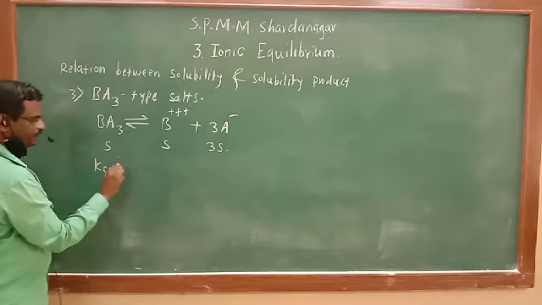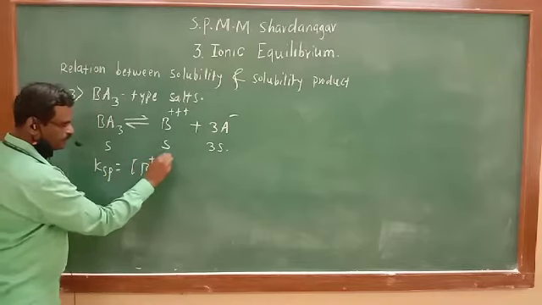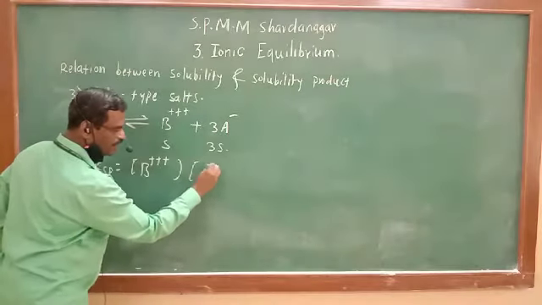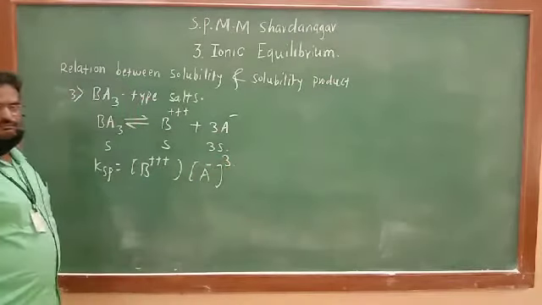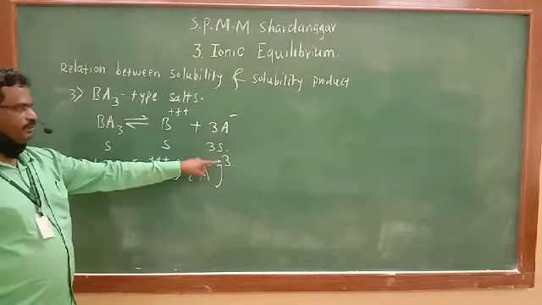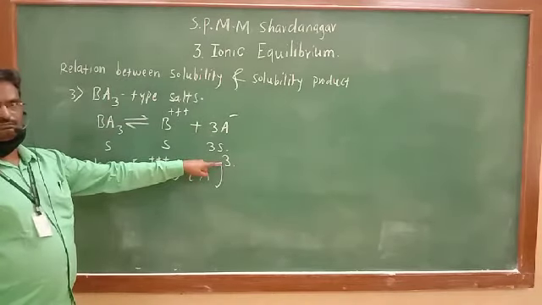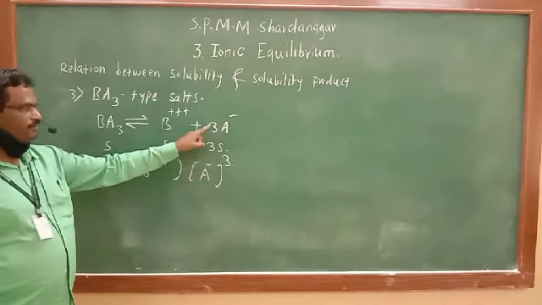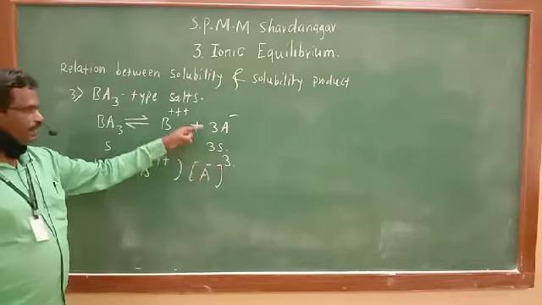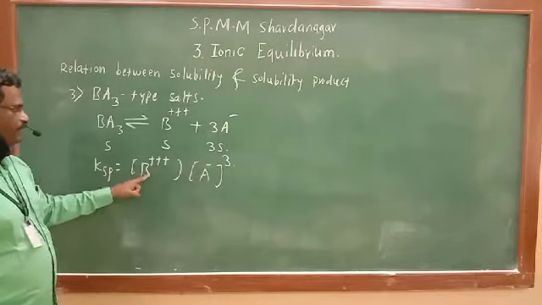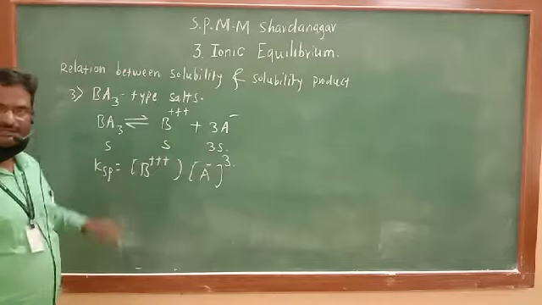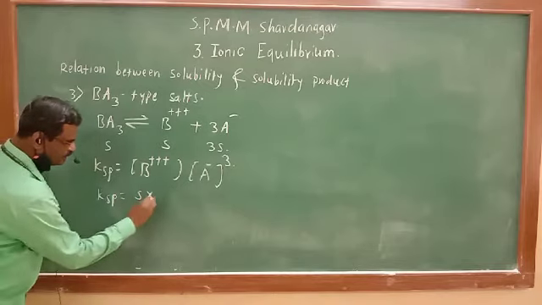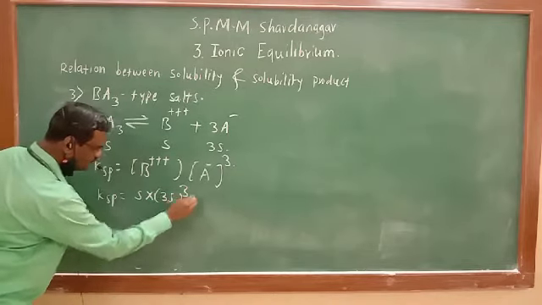And we know Ksp is equal to [B+++] into [A-] raised to 3. This 3 becomes power. We have seen the equation of BA2. This 3 becomes power. And now substitute the values of A and B. B is S and A will be 3S. So Ksp is equal to S into (3S) raised to 3.